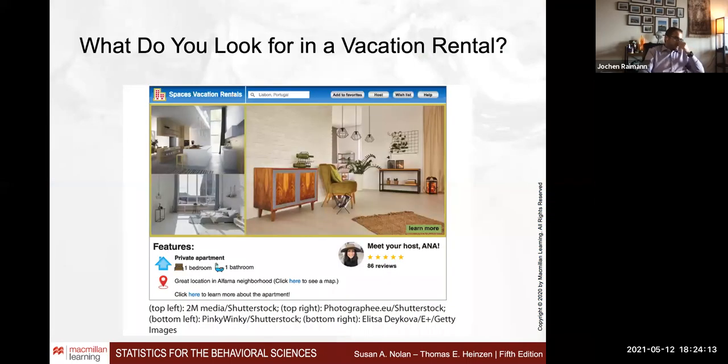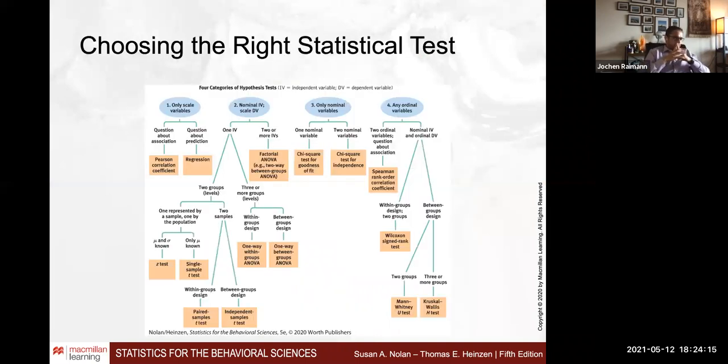So we are essentially looking at the chapter on how to choose the right statistical test. Four main categories are defined by Nolan and Heinzen. We will essentially be looking at category 1, which describes the situation where we have one scaled variable. Category 2, where we have a nominal independent variable and a scaled dependent variable.